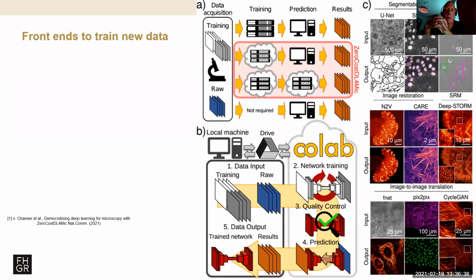You could now use these tools simply from ImageJ or other front ends that people like to use. You can send your data to the cloud, use the cloud as storage, and also use cloud-based services to analyze that data.